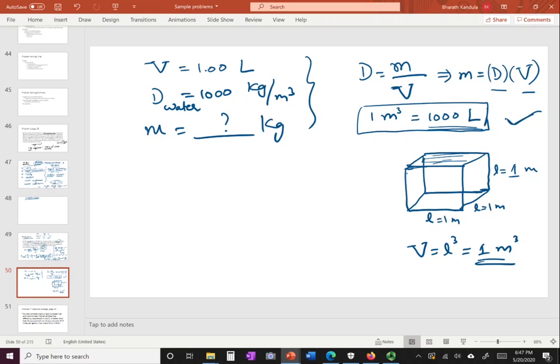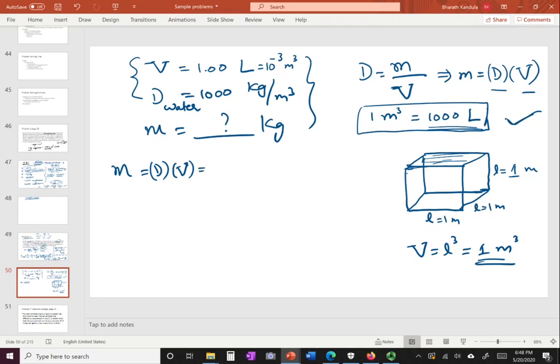Now we know 1 cubic meter is 1000 liters. So 1 liter is equal to how many cubic meters? So this is equal to 10 to the power negative 3 cubic meter. Understand? Now we have both density and volume in SI units. So let's write down mass is equal to density times volume.